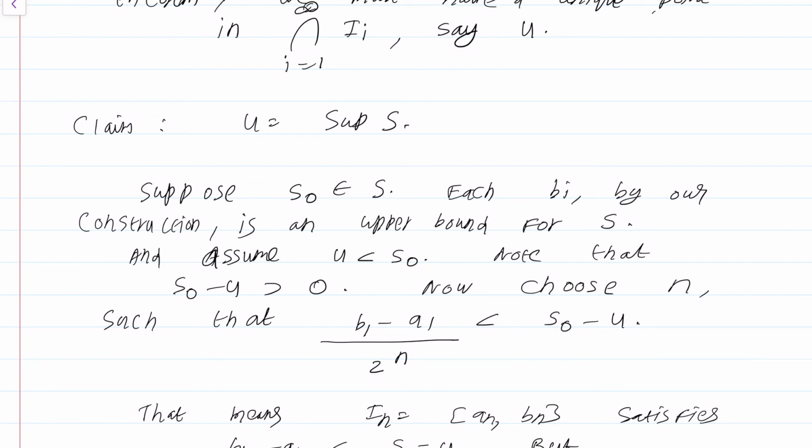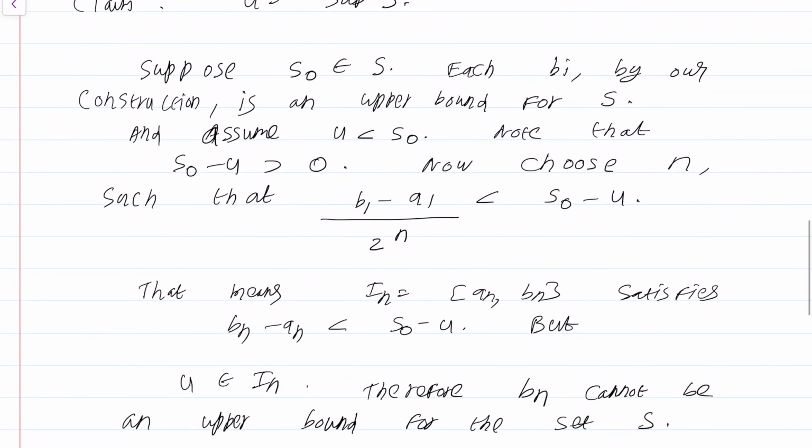The crucial point is that the Archimedean property shows that these approximations get better and better and better. In other words, what is really crucial in this proof, apart from the nested intervals property, is the fact that the quantity 1 by n can actually be made as small as possible.